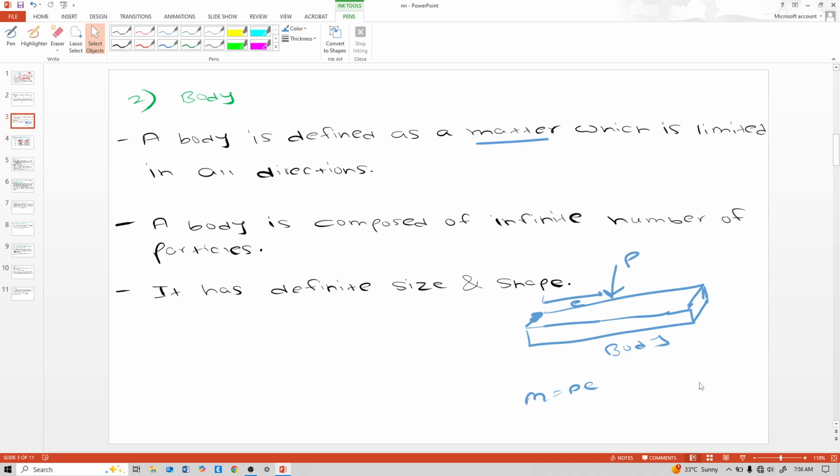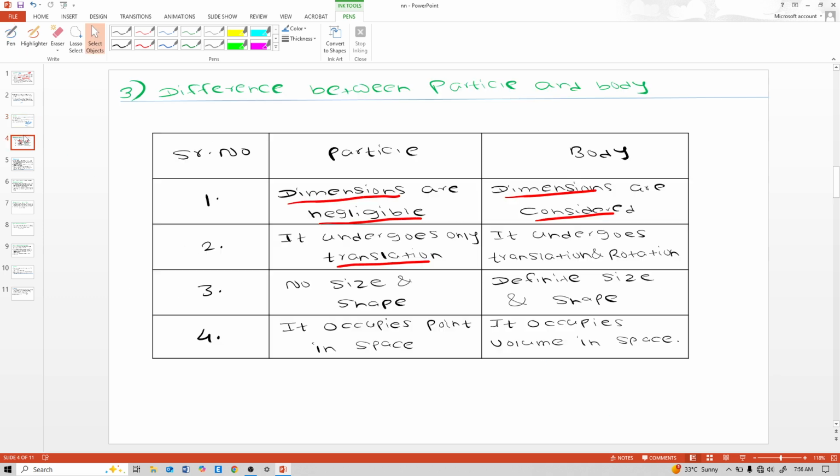If there are no supports on the body, then it will translate up to here. So that is the meaning of the second serial number, differentiating between particle and body.